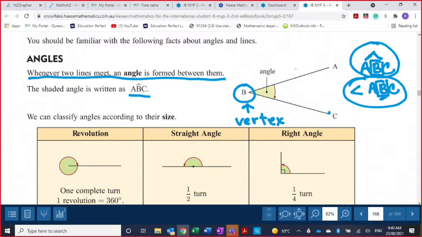So what we're going to do today is review a few of the properties, a few special types of angles. What you need to always remember is that we classify angles according to their size. The size of the angle gives the type of name. So angles are always classified by size. Sometimes it's going to look like you're classifying them by their shape, but it really has more to do with their size.